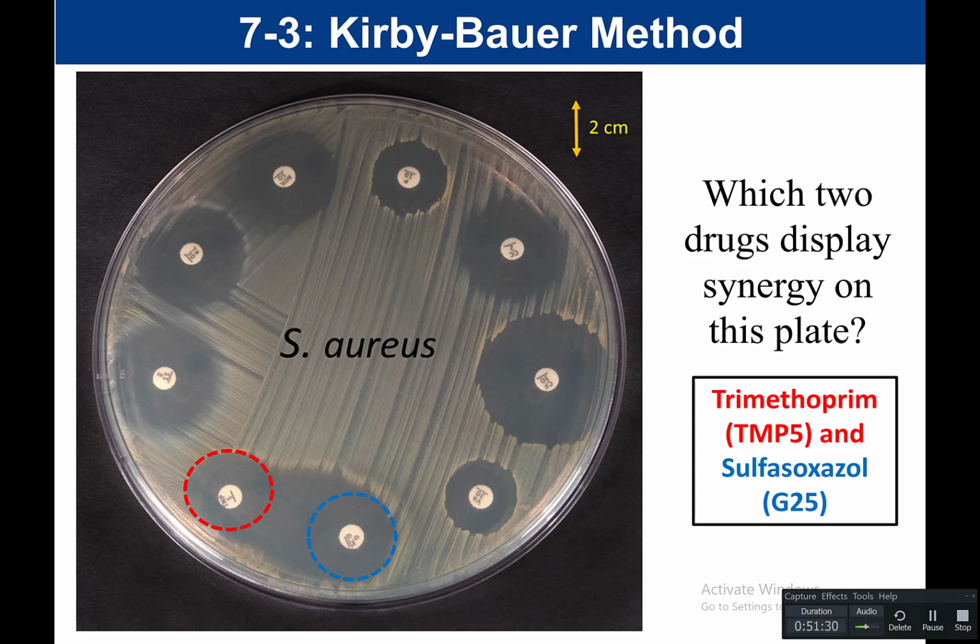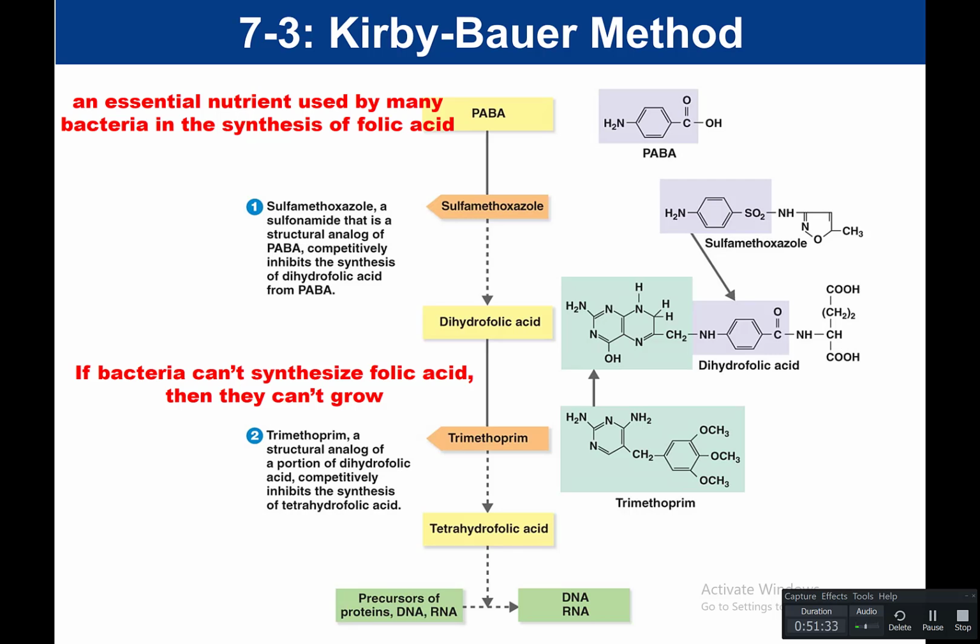And so let's look at why. So if we look at this, we have here PABA, para-amino benzoic acid. This is an essential nutrient used by many bacteria to make folic acid. And so normally PABA gets converted into this dihydrofolic acid.